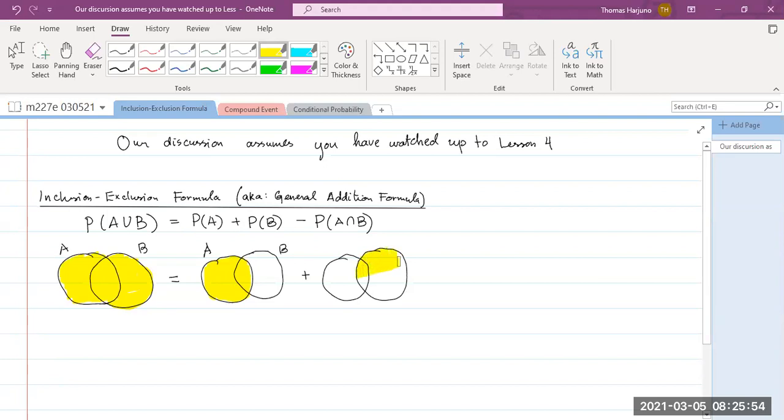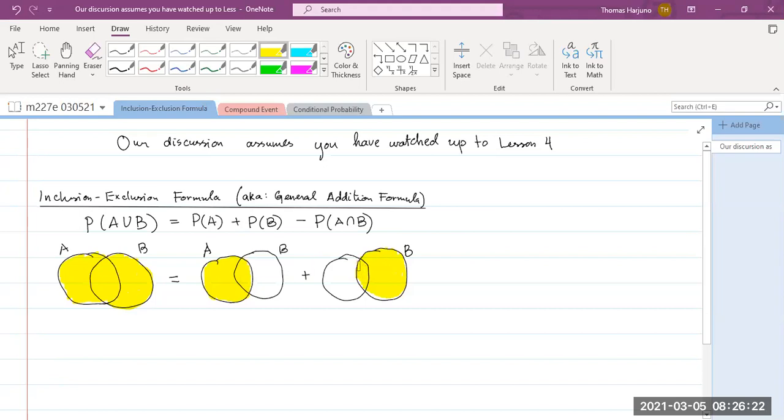But you notice that if that's what I do, then my intersection is counted twice. Right? My intersection is counted twice, while in the union here, it should be counted only once. Like this guy plus this guy plus this guy, right? But when I do the addition like this, notice that A plus the intersection, and then B plus the intersection.